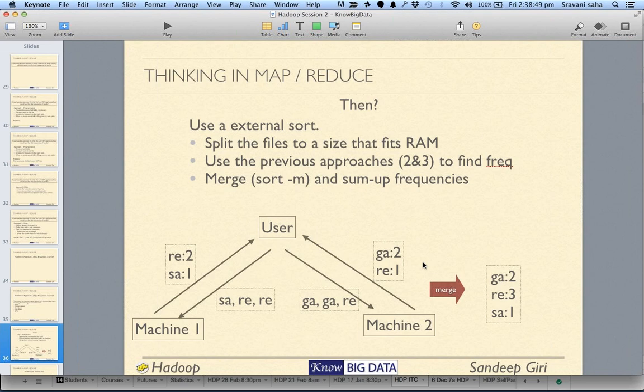Imagine that machine 1 and machine 2 are network computers, or maybe machine 2 is a network one and you're operating from machine 1.